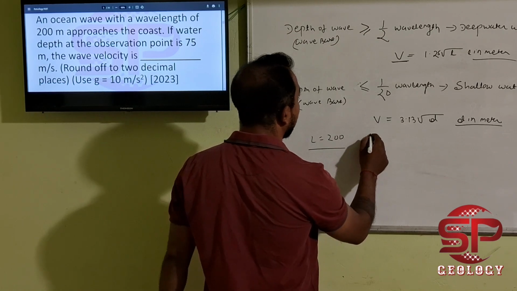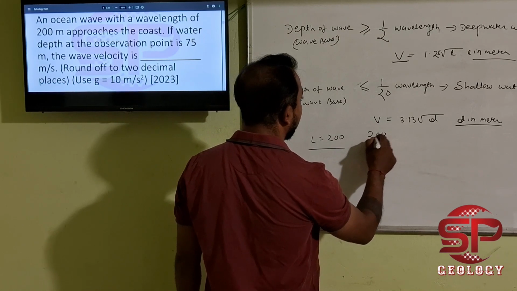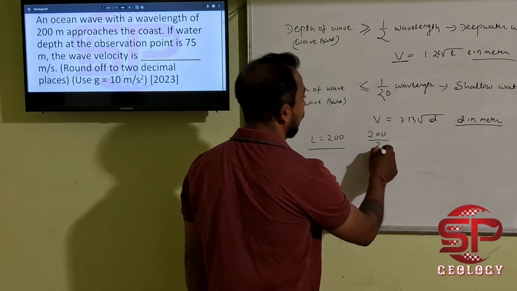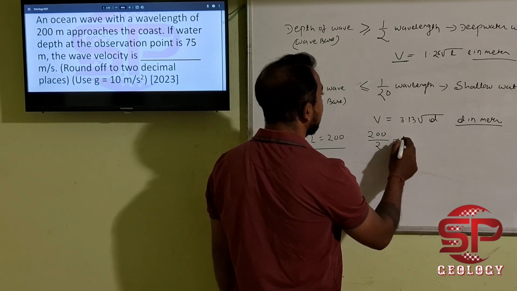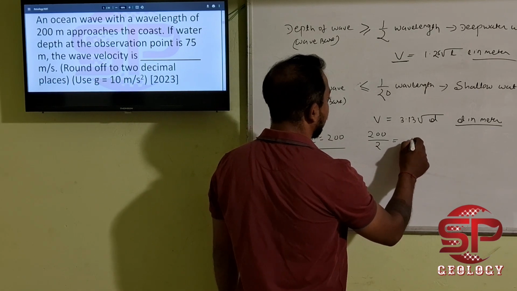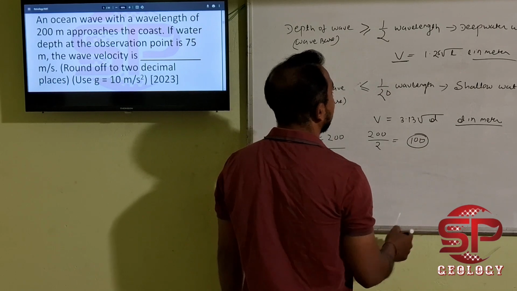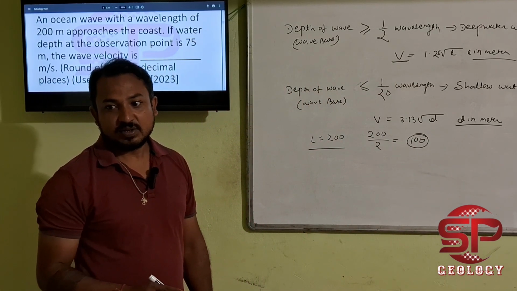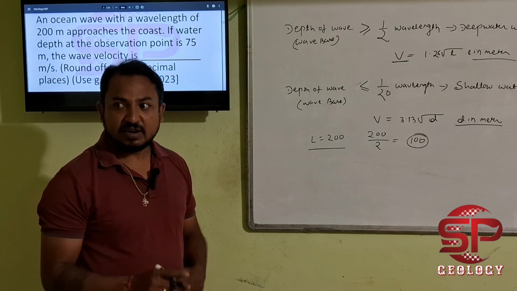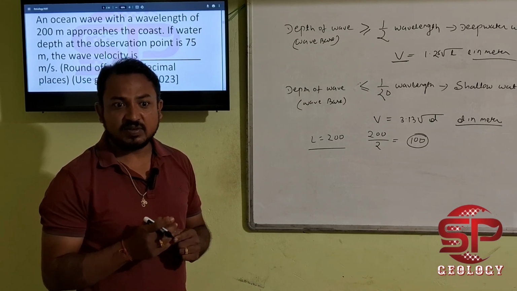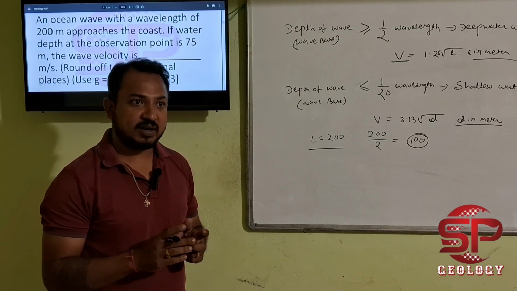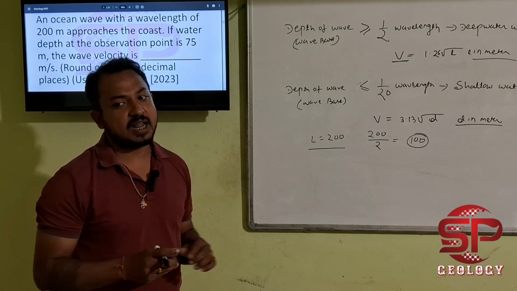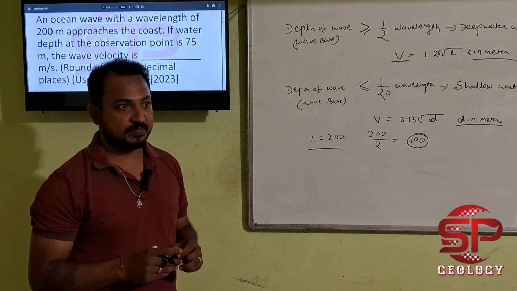First we'll take 200 by 2, which is 100. So this value is 100. If the depth is greater than 100, then it will be considered a deep water wave.